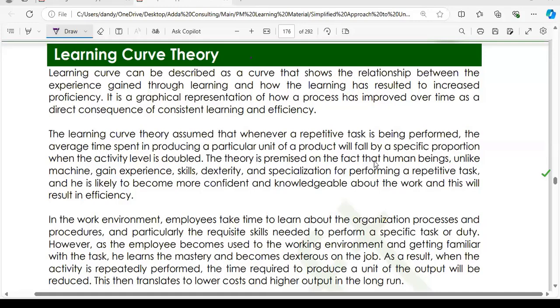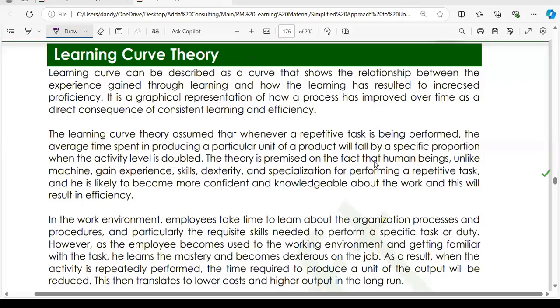So like I was trying to say, there's a difference between learning curve and learning curve theory. Learning curve represents the curve that shows the relationship between the experience gained on the job through learning and how the learning has resulted in enhanced proficiency.